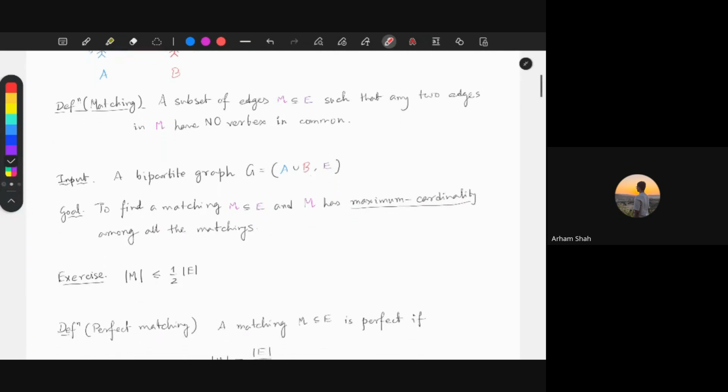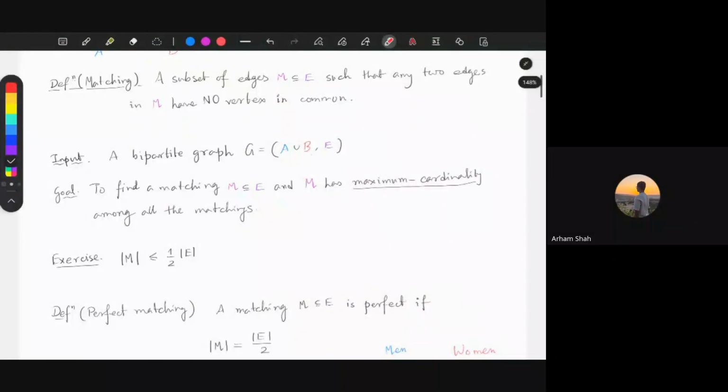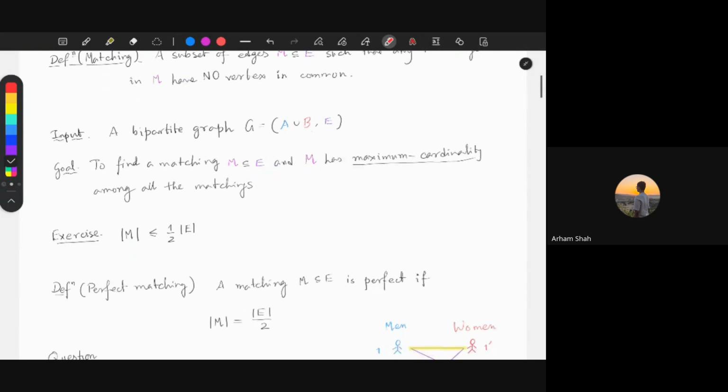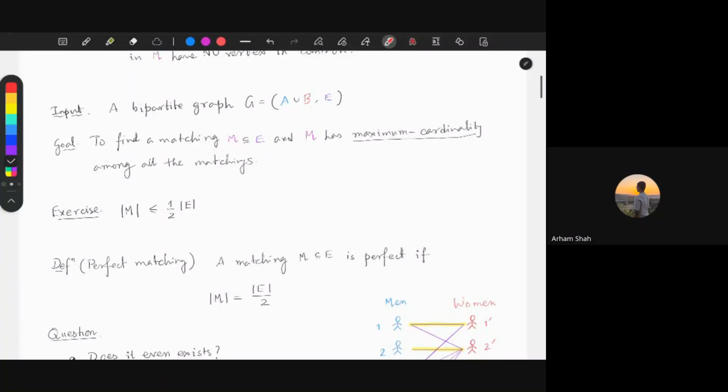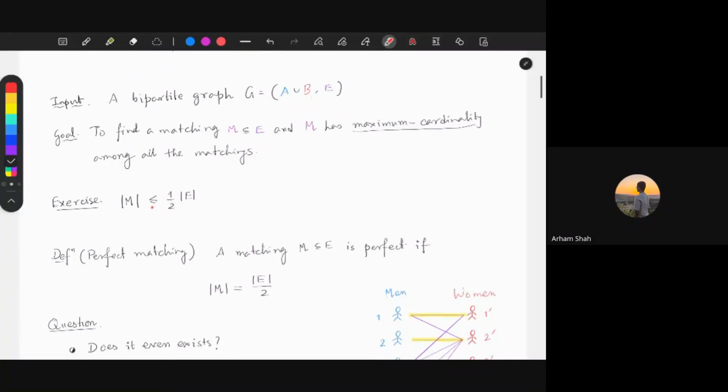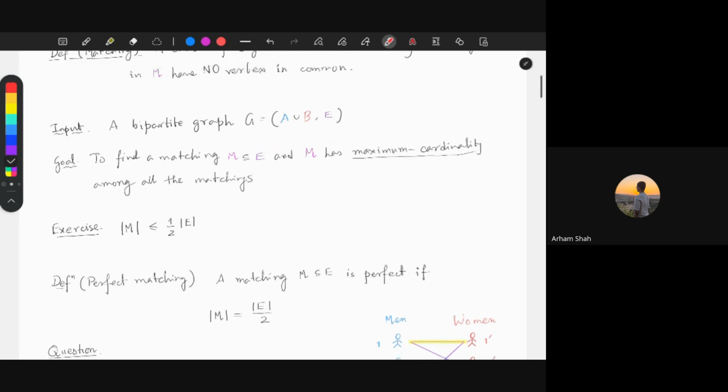Now, as an exercise, show that the cardinality of a matching is at most half of the number of vertices. When this equality holds, we call it a perfect matching, that is, every vertex is matched to someone.